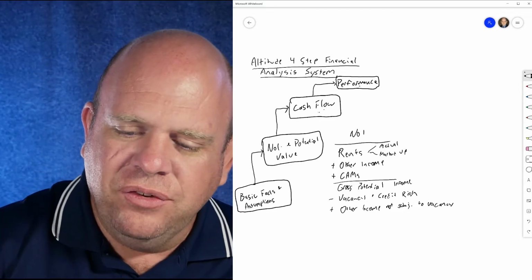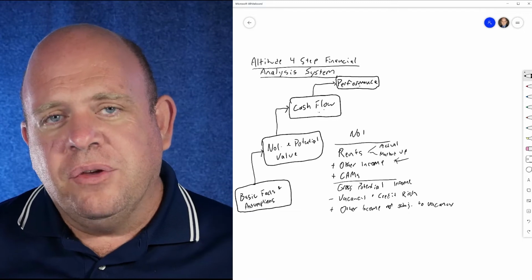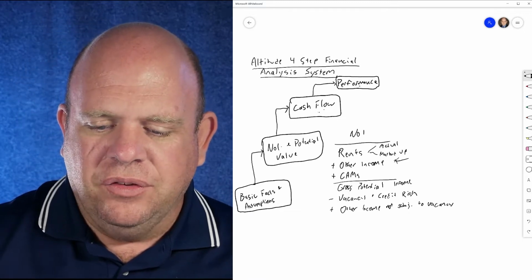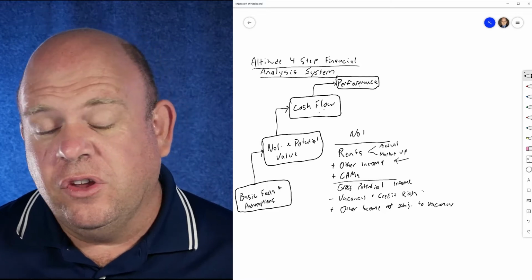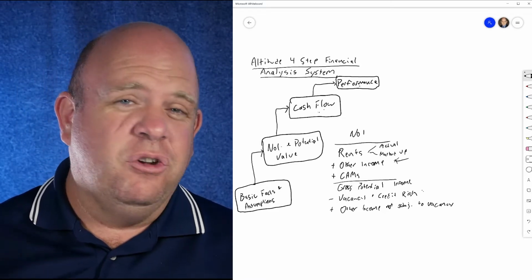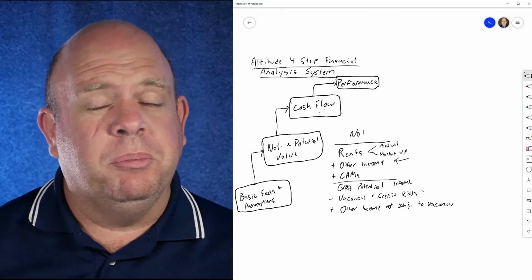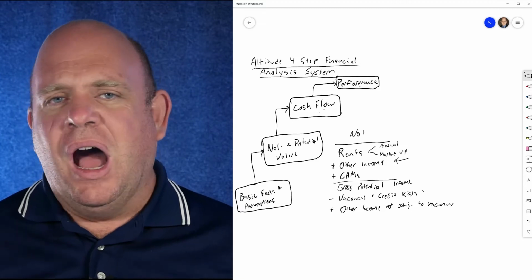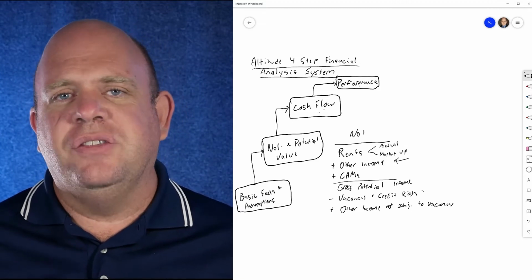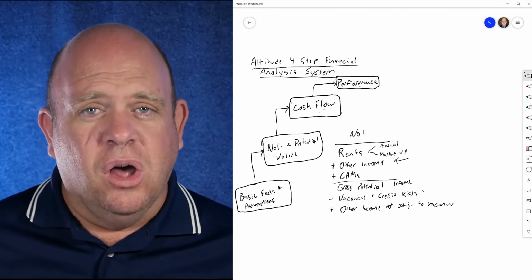Because this other income here is being adjusted by this vacancy and credit risk. It's being reduced. The best possible example of that kind of other income is an apartment building. If you have an apartment building that is 100% leased, and let's say it's generating $500 a month in laundry.